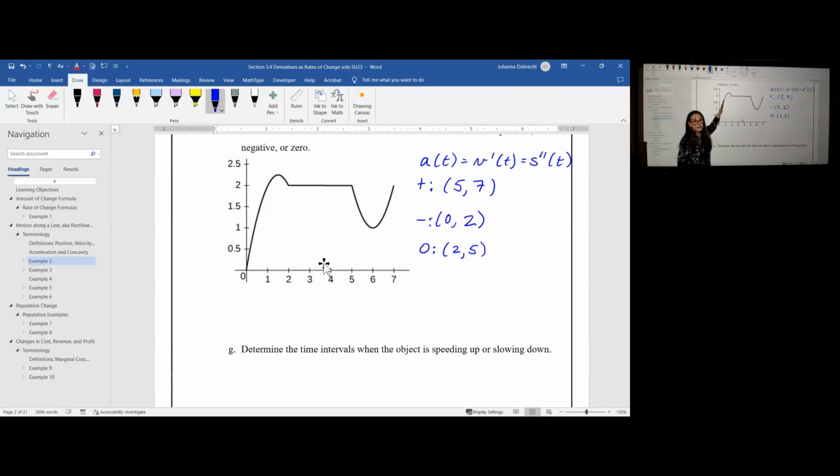That's because velocity is positive, but acceleration is negative. So I would say that it is slowing down between 0 and 1.5. When I get between 1.5 and 2, though, both the velocity and acceleration are negative, so it must be speeding up.